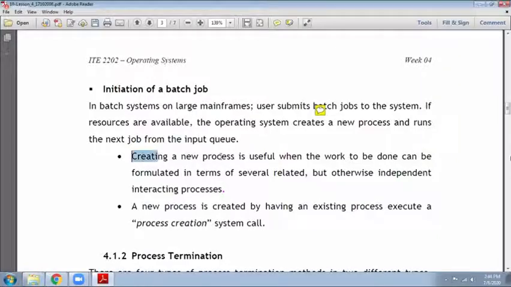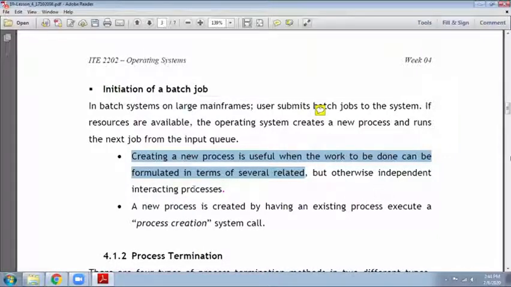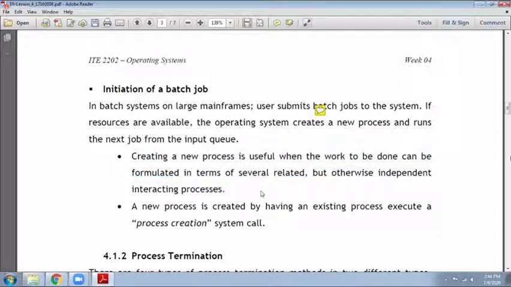So creating a new process is useful when the work to be done can be formulated in terms of several related but otherwise independent interacting processes. So they are related, they are similar ones, but independent from one another, different jobs.